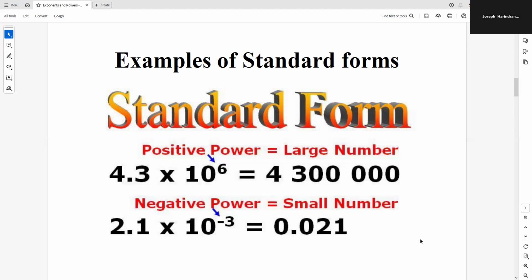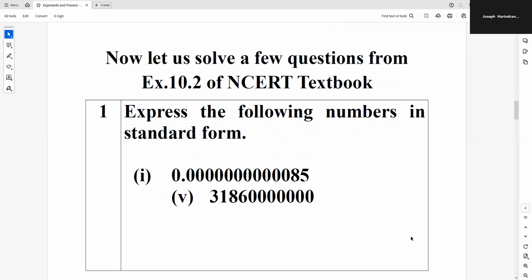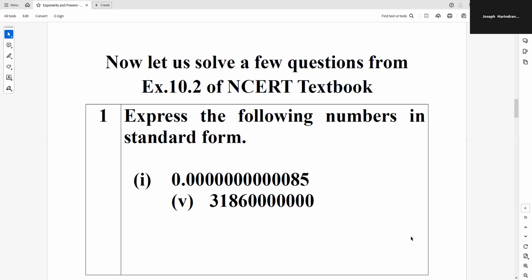Having seen some examples here, let us now solve a few questions from exercise 10.2 of the NCERT textbook. Let us take the first question: express the following numbers in the standard form.